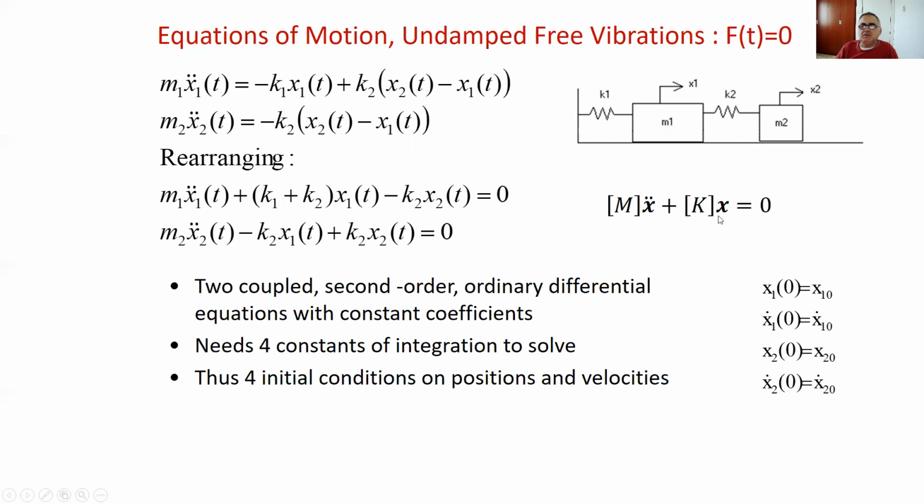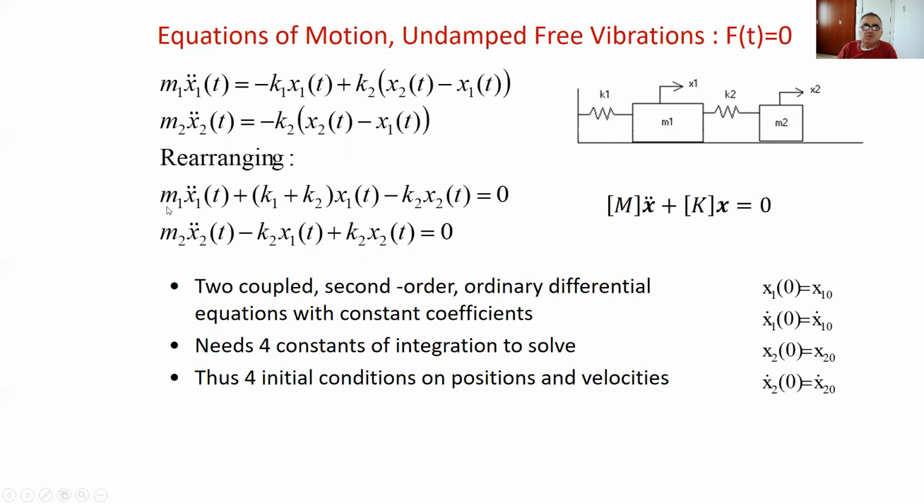We can write them as a matrix equation again: Mx double dot plus Kx equals 0. Very similar to undamped free vibrations of a single degree of freedom system, only in matrix form. So we have 2 coupled second order differential equations with constant coefficients.